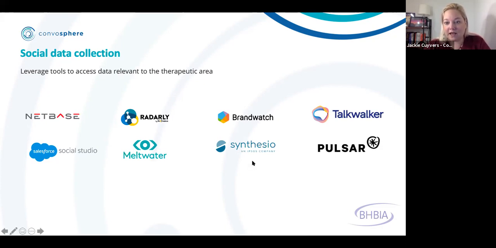Synthesio is also another good one. All of these are very, very similar. Where they may have differences is in their language handling. All handle quite a few languages, but they may have better access in different markets to the data sets there, or they may handle or process the language or data in different ways.